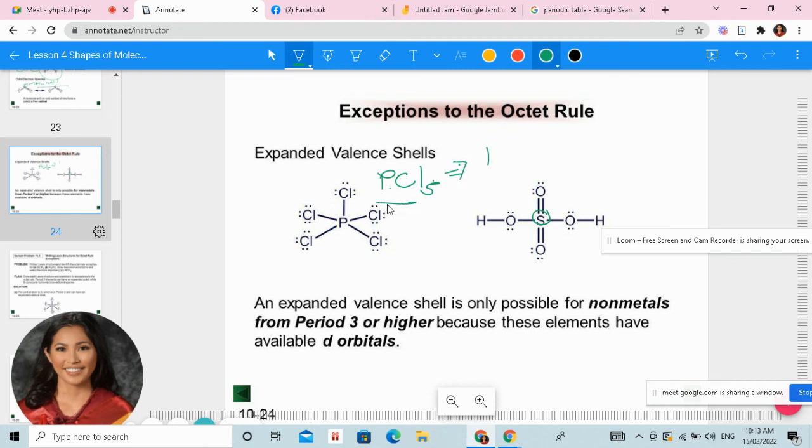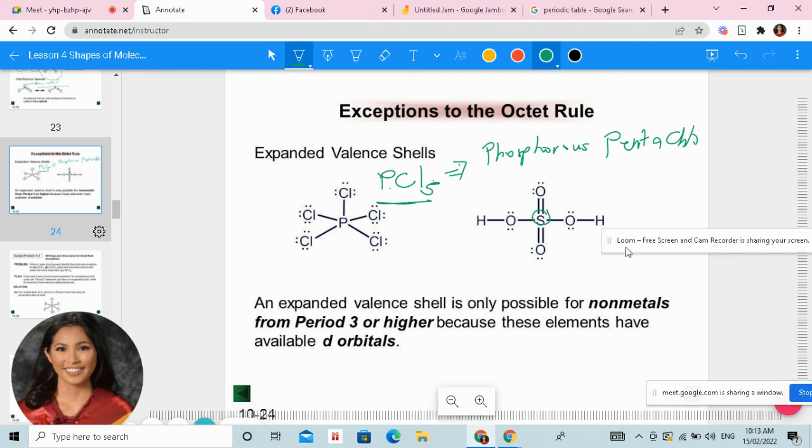What's the name of this structure or chemical formula? Pentachloride. Phosphorus pentachloride.